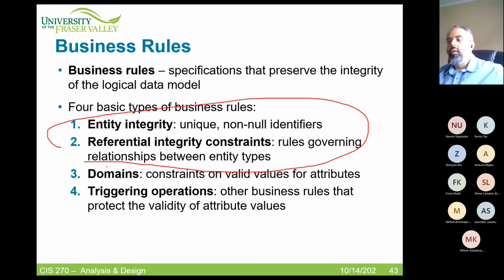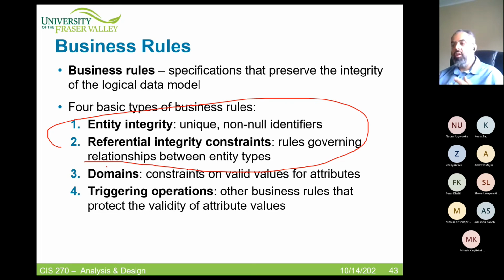Perfect. So we were talking about entity integrity and referential integrity. For entity integrity, we have already done this: when we talked about the entity types, we defined a special set of attributes or one attribute, which we name an identifier, to have this uniqueness, and we said it should not be null.